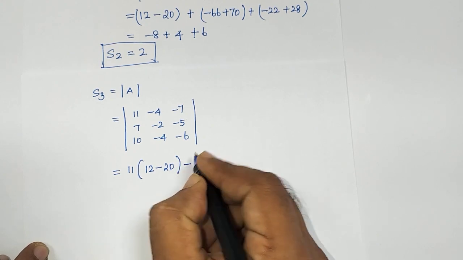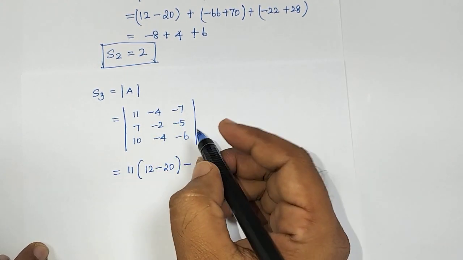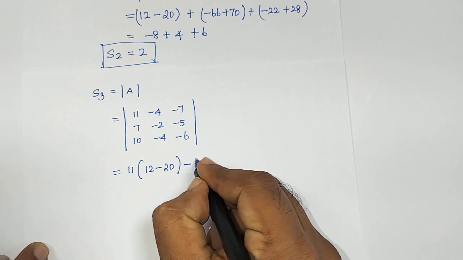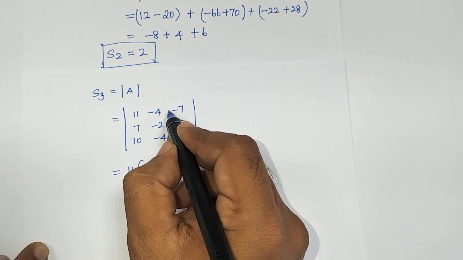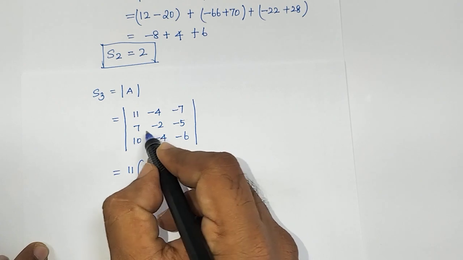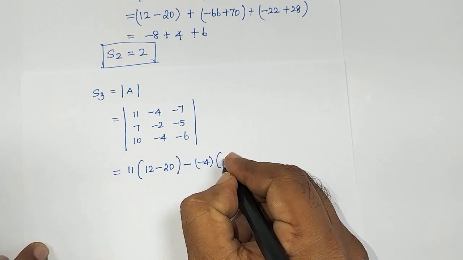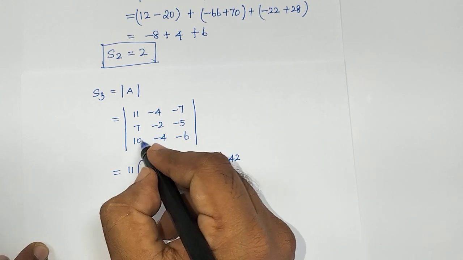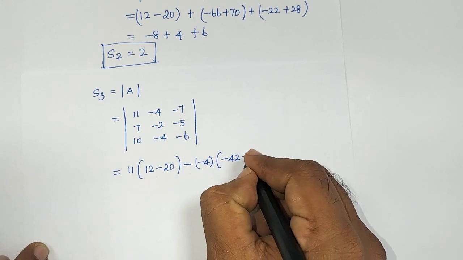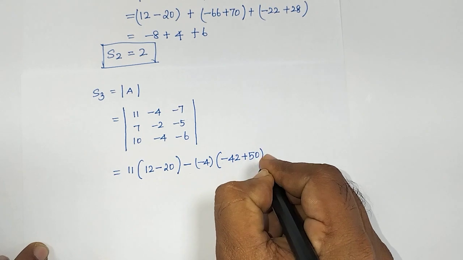And by the formula minus, here I am taking minus 4 of the first row, second column omitted, and 7 into minus 6 I write minus 42, and then 10 into minus 5 I write plus 50.